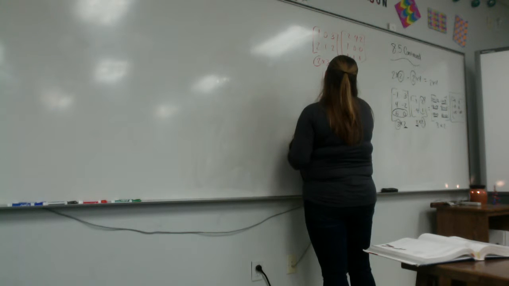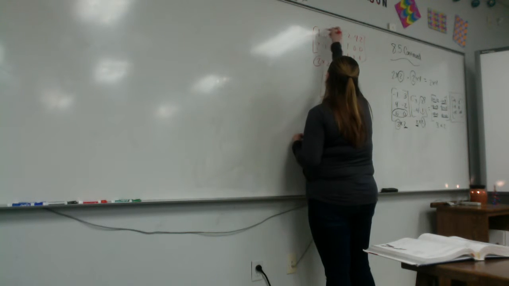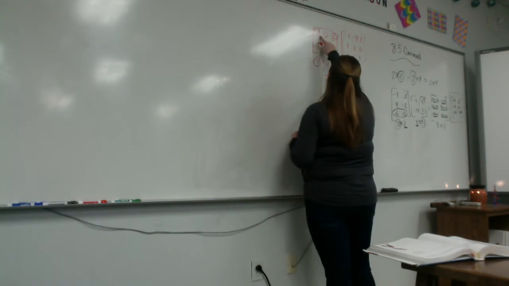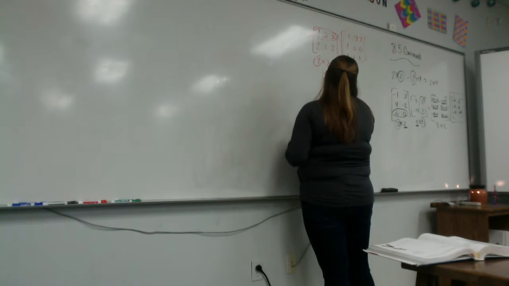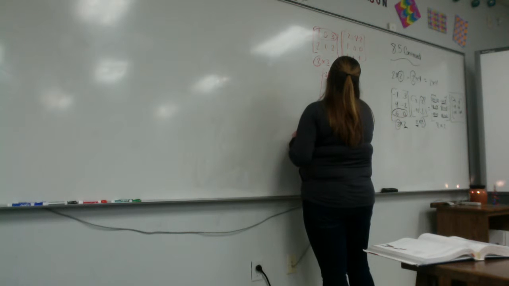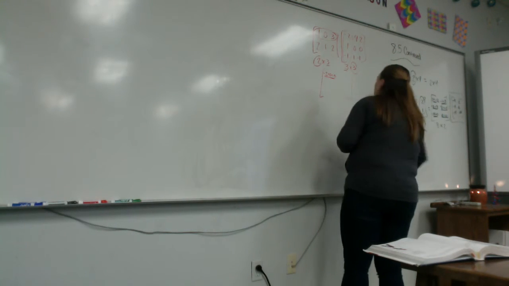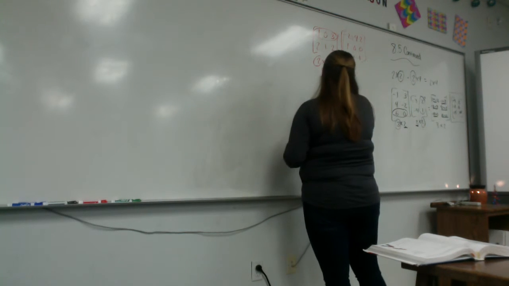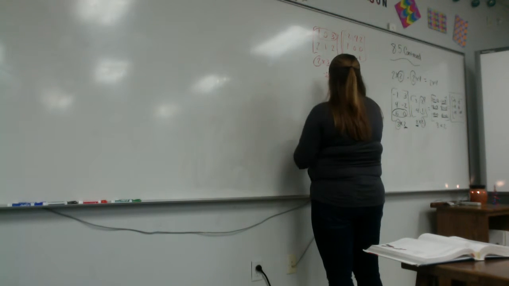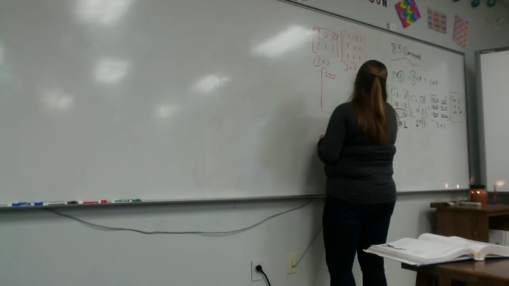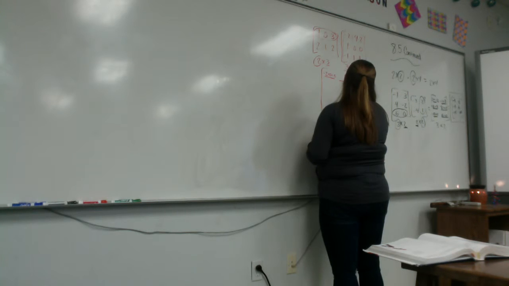Now, for this first spot here, I take this row by this column. 1 times negative 2 is negative 2. Okay? 0 times 1 is 0. And then I have plus negative 3. I need to make this wider so that I can work with it. And then I come to the middle spot.